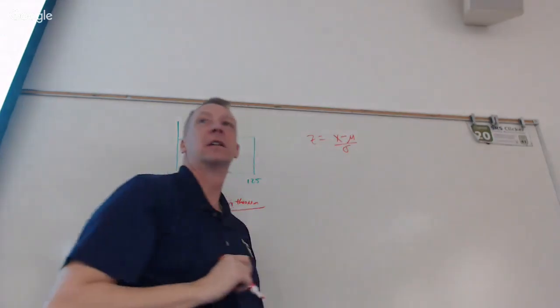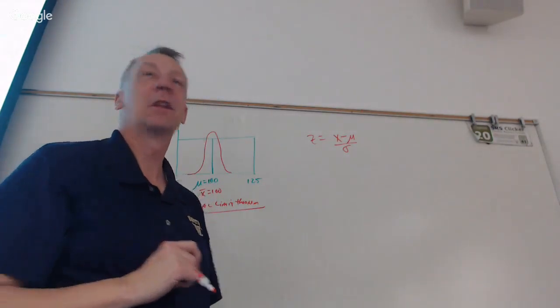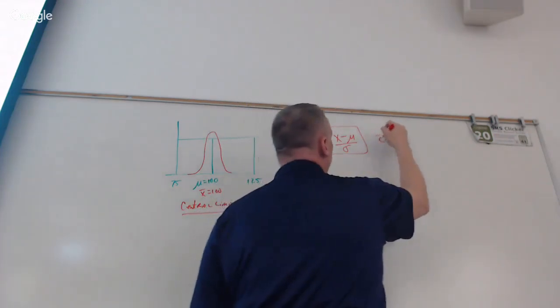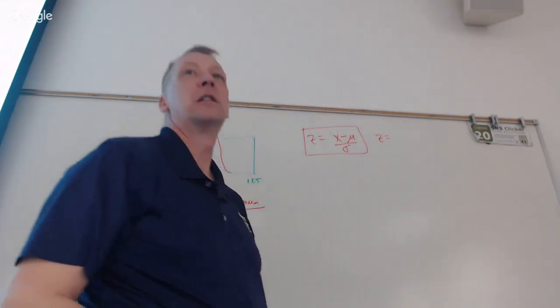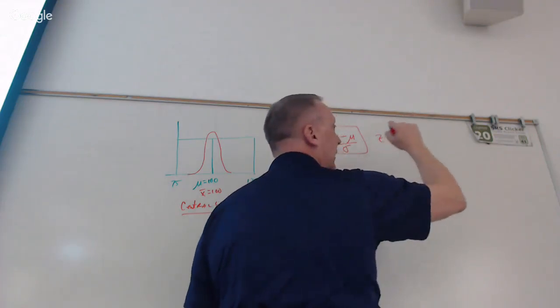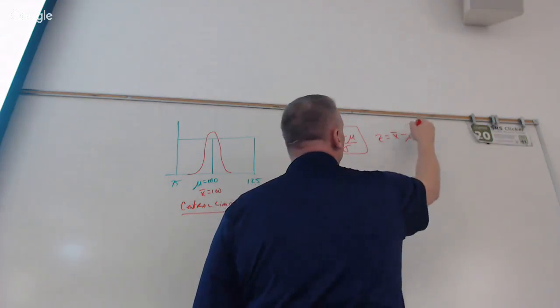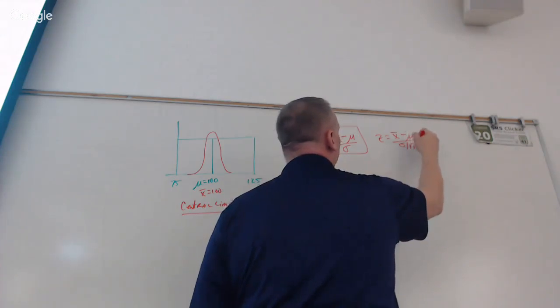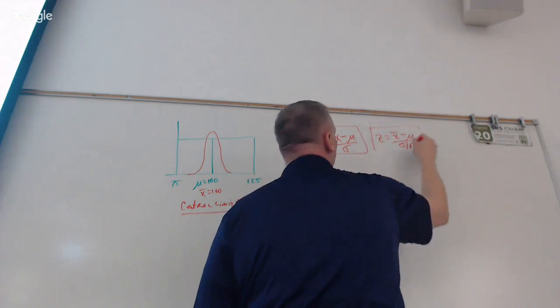That was one formula, and the other one I gave you was z equals x bar this time, minus mu over sigma over the square root of n, right?